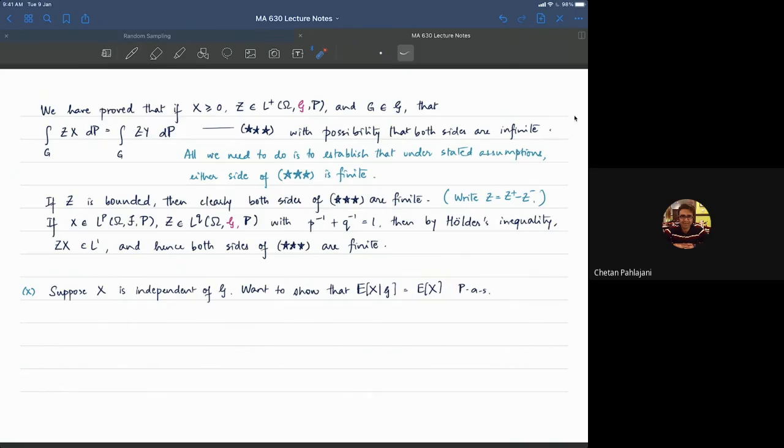A constant function is definitely G measurable. I'll leave it to you to think about that. And clearly, E of X, being a constant, is G measurable.